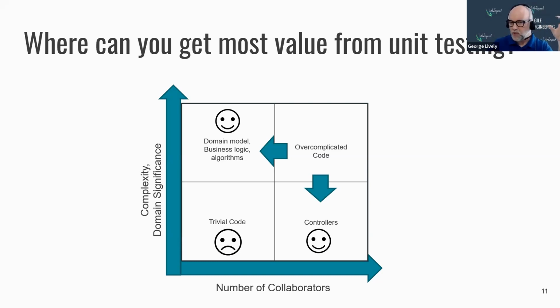Okay, and that's why we have those arrows going in those different areas. Take some of the overcomplicated code, push it down to the controllers, and push some of the others to the left to the business logic. All right, so that's easily said, but how specifically would we go about doing that?